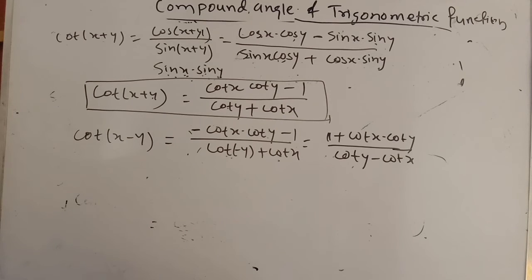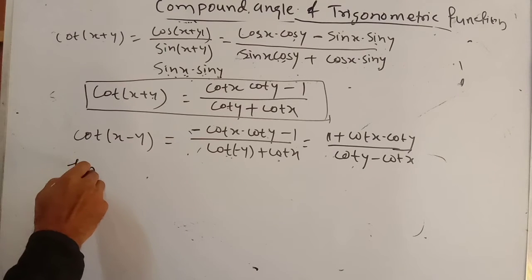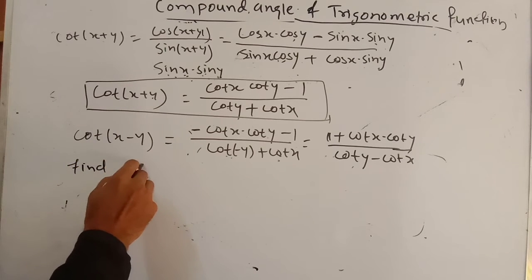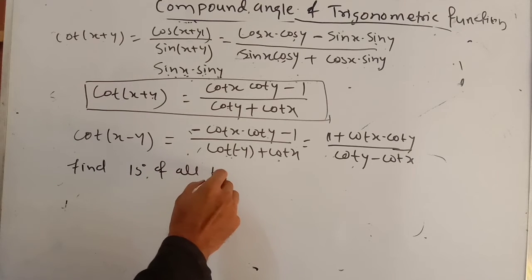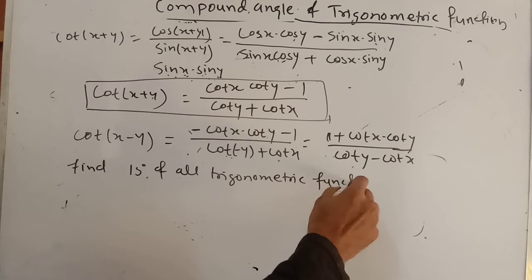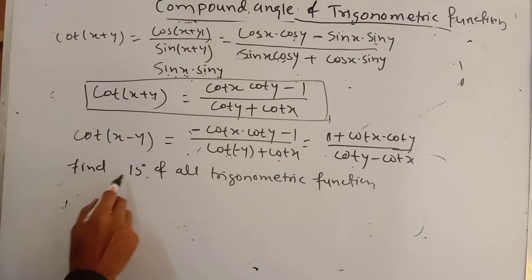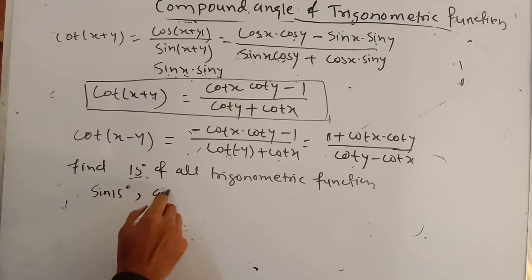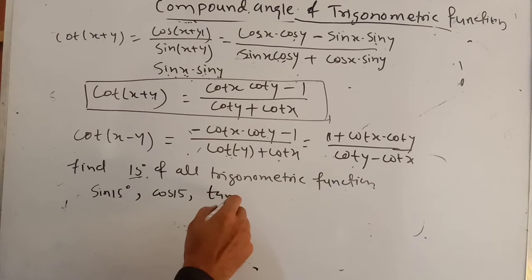So we have already seen the compound angle of all trigonometric functions. So what is the use of this compound angle of the trigonometric function? Let the question be to find the 15 degree of all trigonometric functions. So we need to find sine 15 degree, cos 15 degree, tan 15 degree.